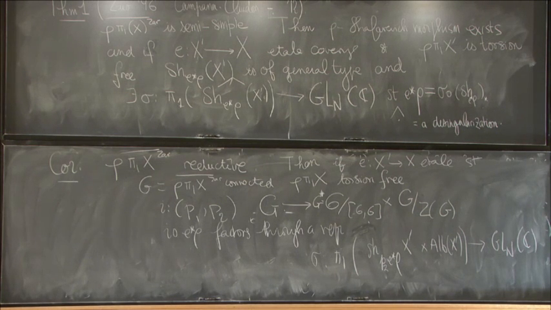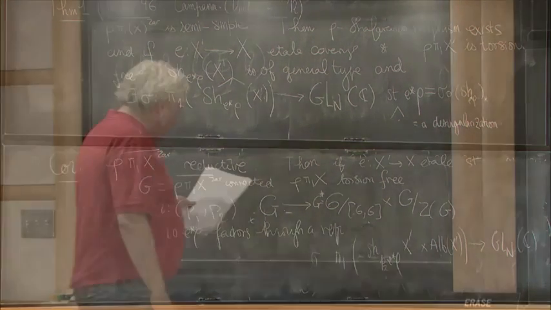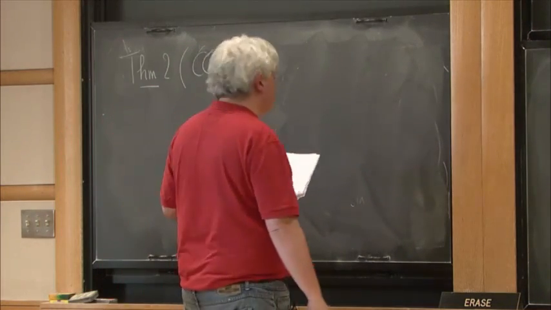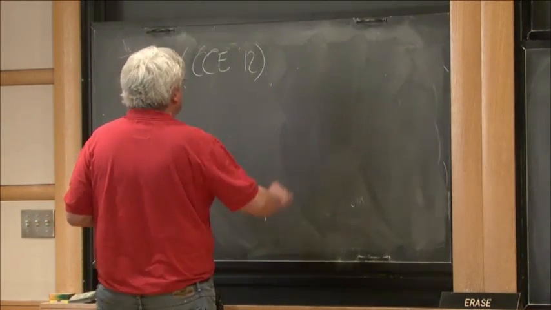So that's the second theorem, and this is due to always these people. So no hypothesis on this Zariski closure.